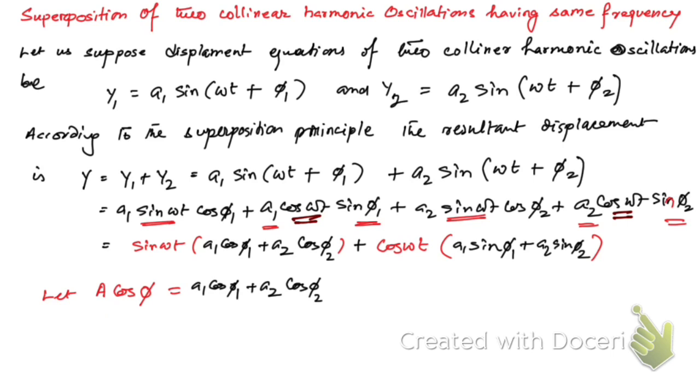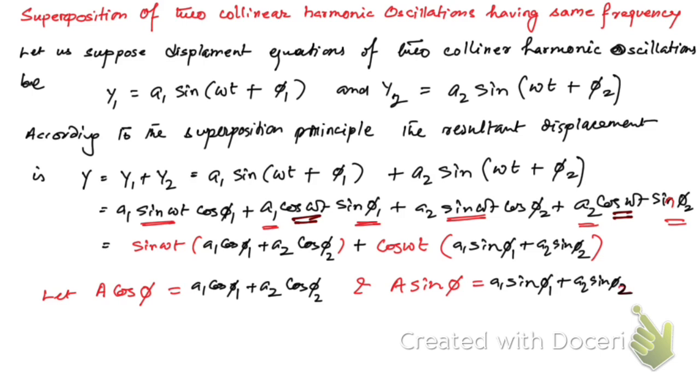Then a sine phi is equal to this, a1 sine phi 1 plus a2 sine phi 2.